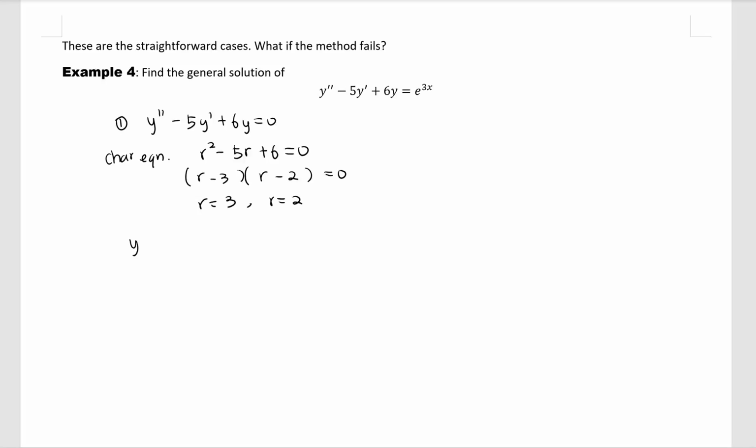So what is the homogeneous solution? 3 corresponds to c e to the 3x, and 2 corresponds to e to the 2x. So that is our homogeneous solution.